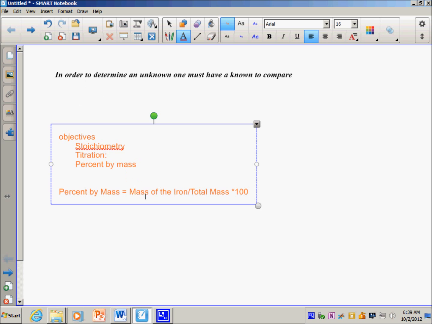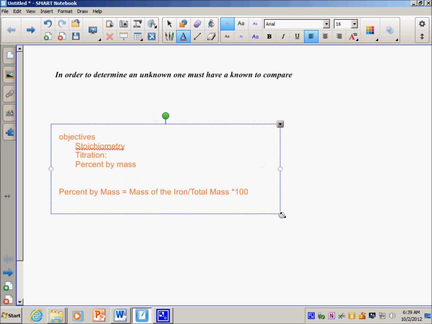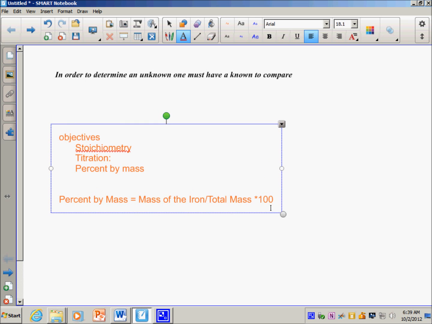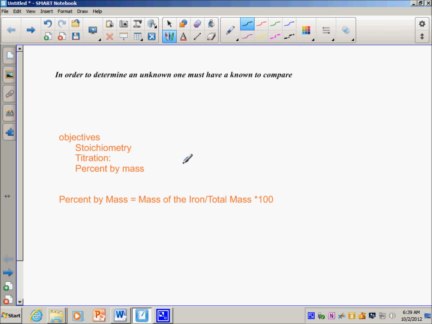The mathematics is fairly straightforward. This calculation comes through some stoichiometry, but the total mass of the sample is very easy to get, because when you weigh out your original sample, you will have that value.